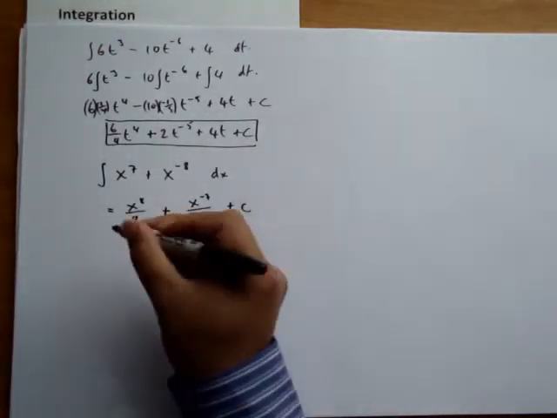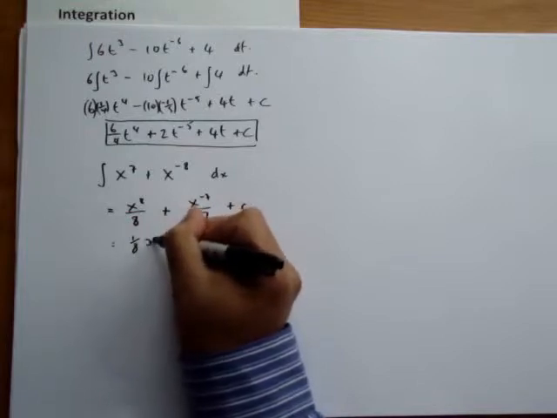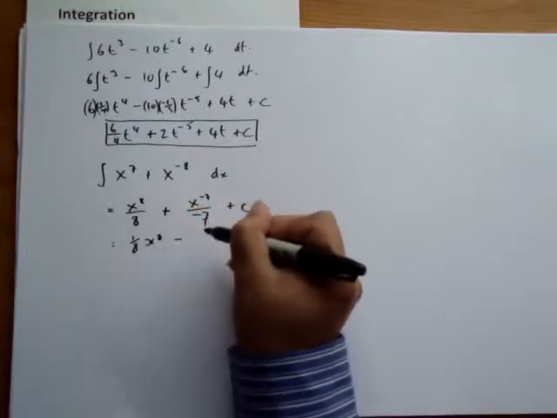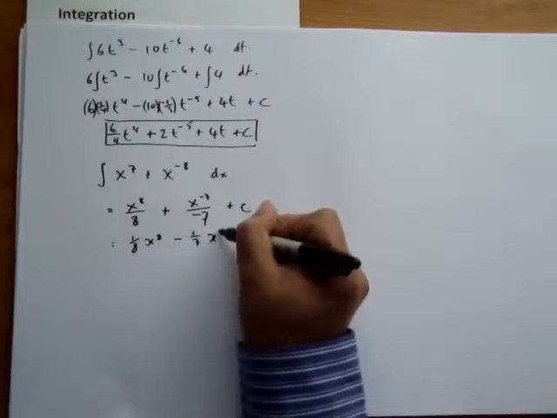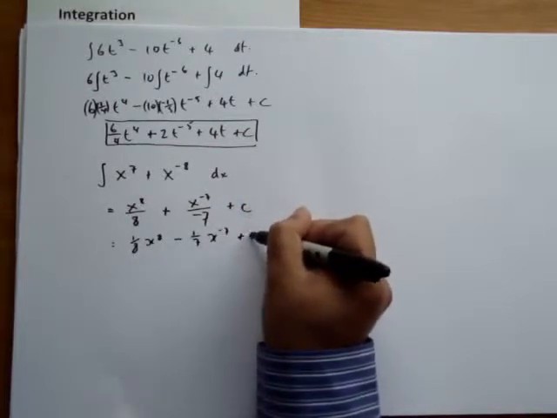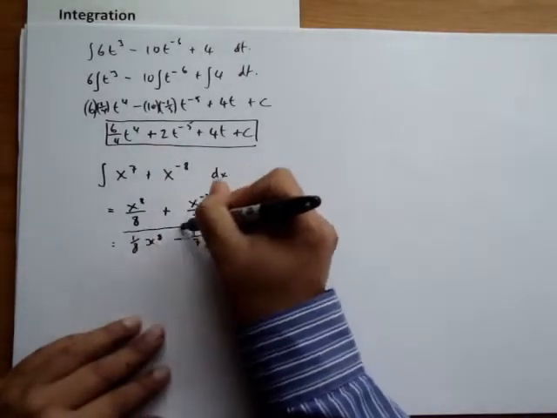When we tidy that up, we get 1/8 x^8 - 1/7 x^(-7) + c. And that is our answer.